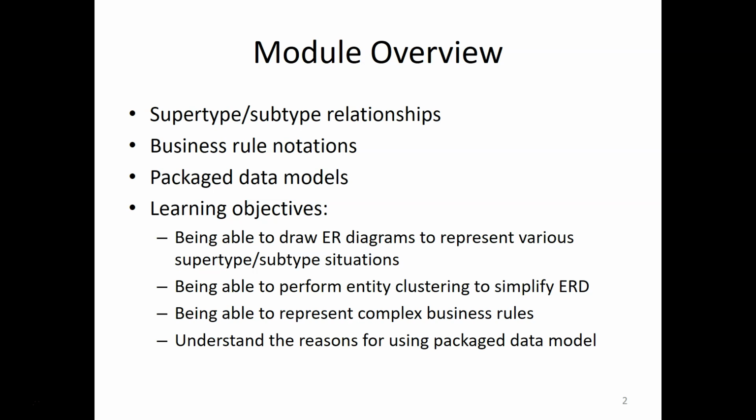A subtype is only necessary when it has unique attributes or relationships that do not apply to other instances. For example, for hourly employees, the hourly rate attribute does not apply to employees who are salaried, right? And therefore, hourly employee should be treated as a subtype of the supertype employee.